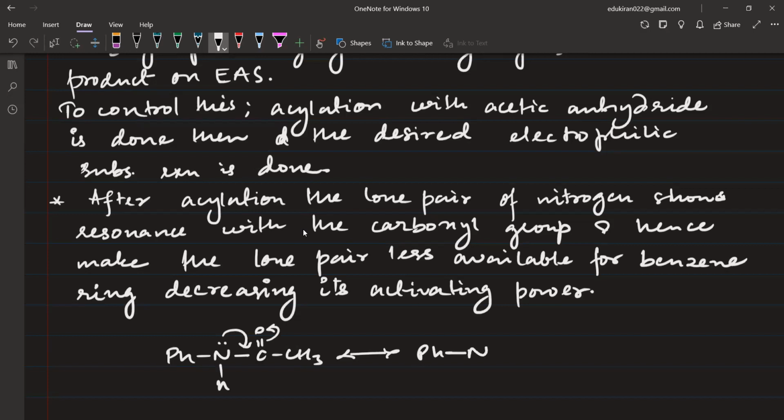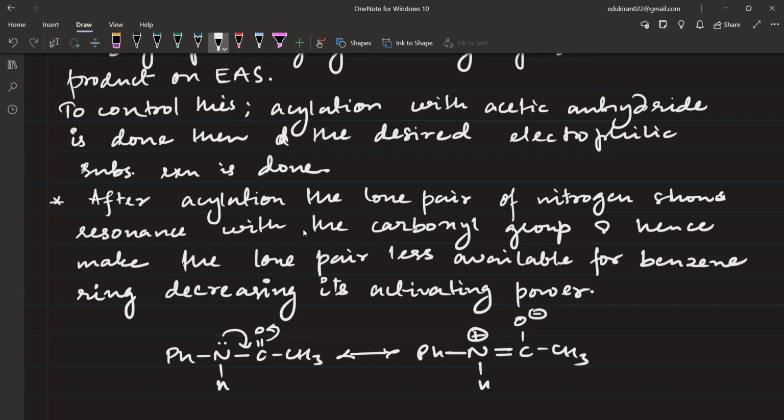So phenyl, nitrogen and hydrogen are as they are, double bond carbon, single bond oxygen negative, CH3, and nitrogen will have a positive charge because it has four bonds. If you show this resonance also.